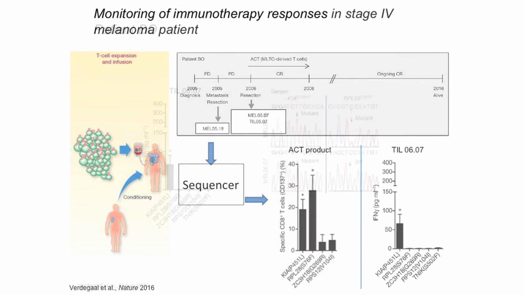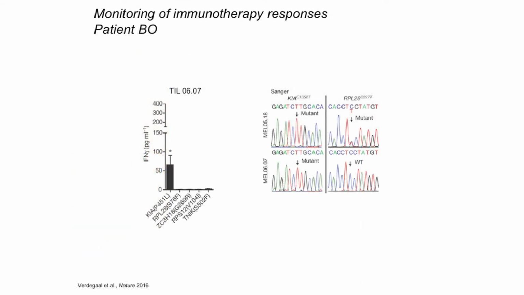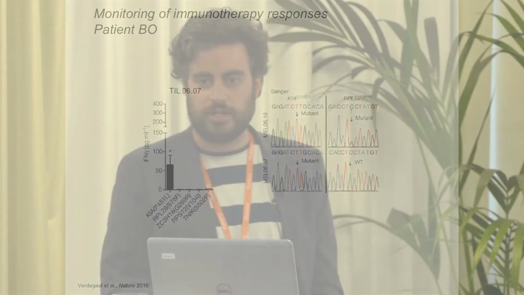And what we saw is that the T cell product contained T cells that recognized 2 mutations present in the KIAA and the RPL28 gene. This patient underwent another resection in 2006, and then we did the same exercise, but looked at the tumor-infiltrating lymphocytes that were in the tumor tissue in 2006, and there we only detected responses against the KIAA protein, but not anymore against RPL28.